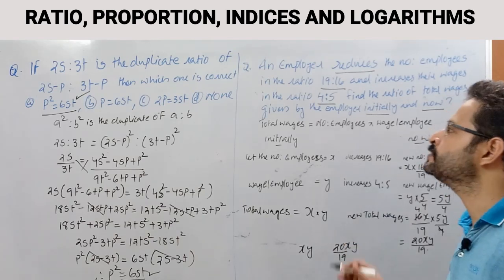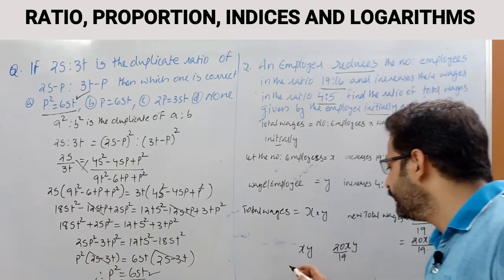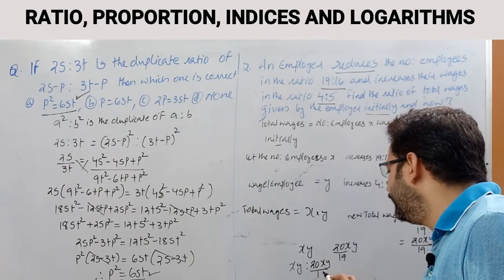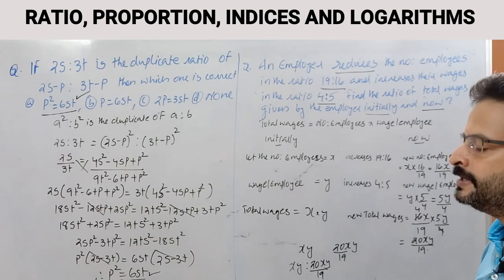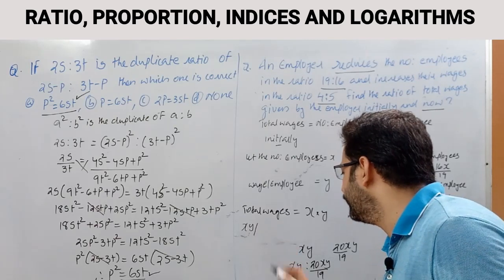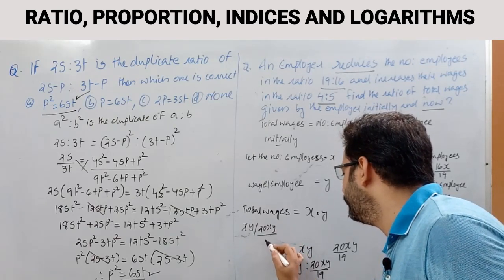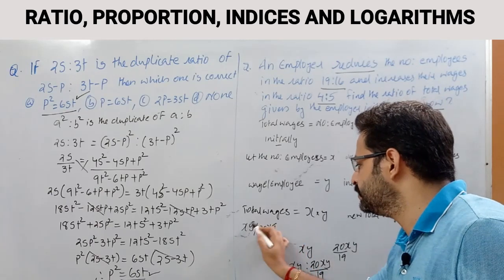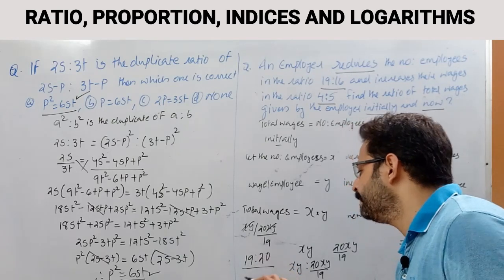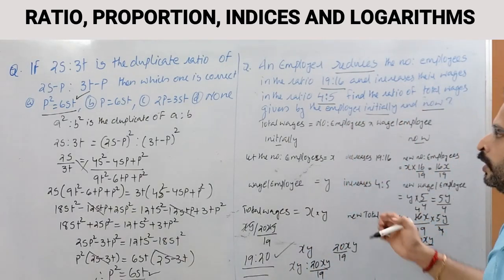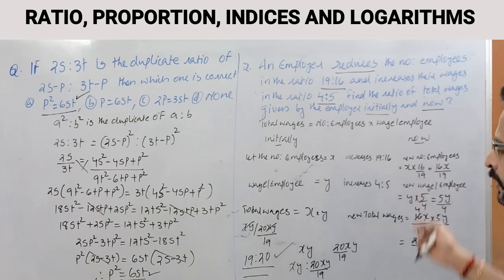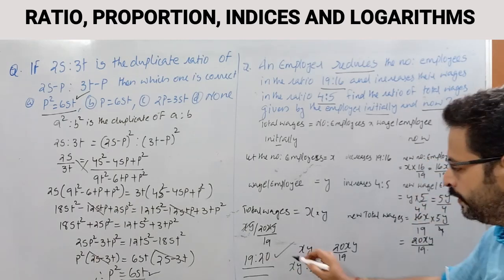Or we can use a normal ratio, that means xy is to 20xy divided by 19. Dividing, we get xy divided by 20xy divided by 19. Division by a fraction, xy gets cancelled, 19 into the numerator, we will get 19 is to 20 as the answer. That means the total wage ratio, old total wages is to new total wages, is equal to 19 is to 20.